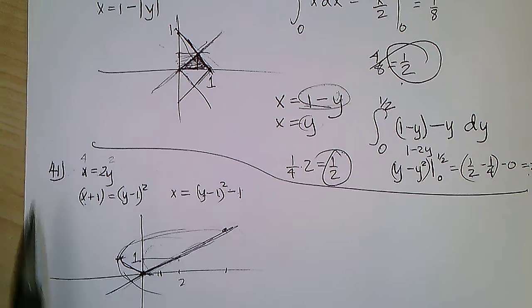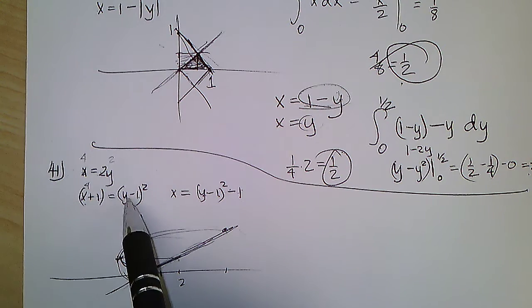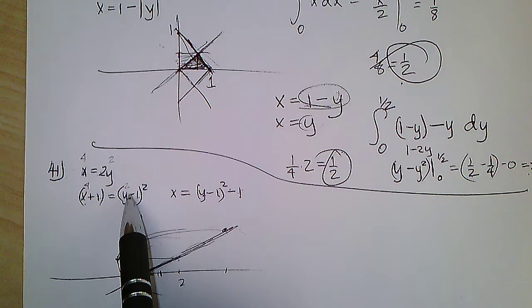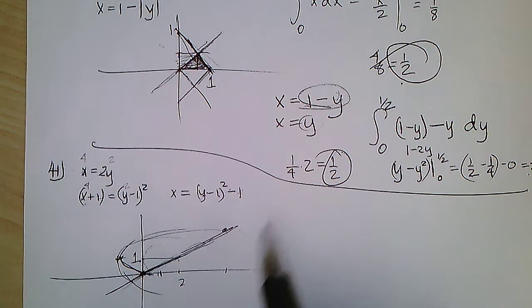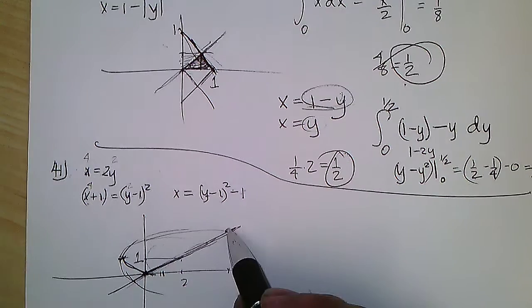Is that right? 4 in the x would be 5. And 2 minus 1, no, that doesn't work.